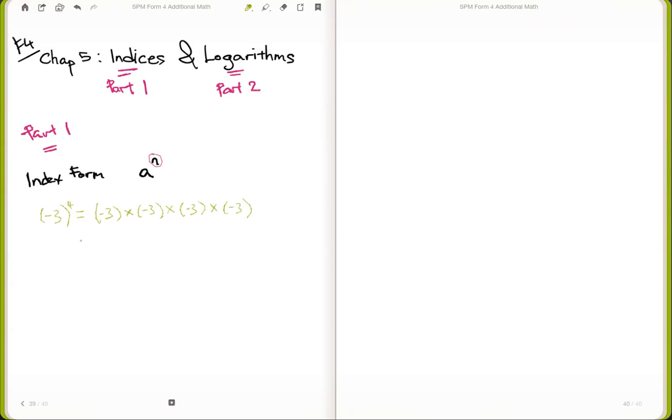By now you should be able to use a calculator to key it in as it is, raised to the power of 4. The answer should be 81. Simple. The index form of a number could also be a fraction, but the concept is that n is the number of times. So here we have 1, 2, 3, 4 times.